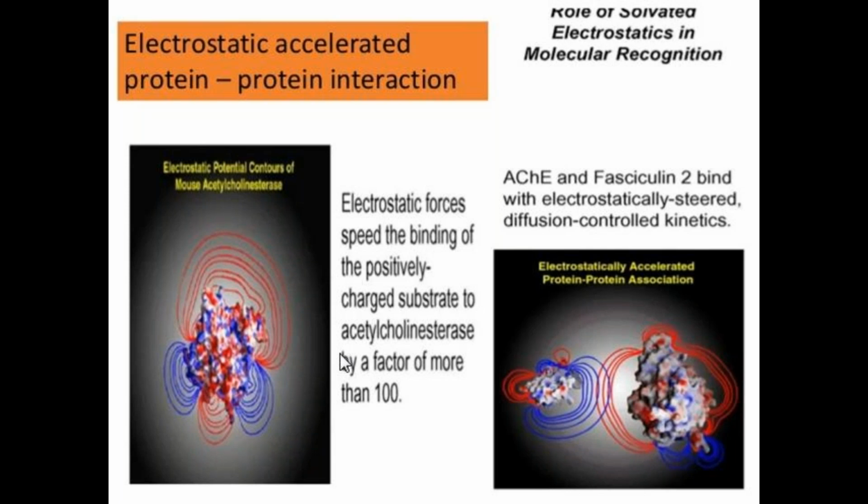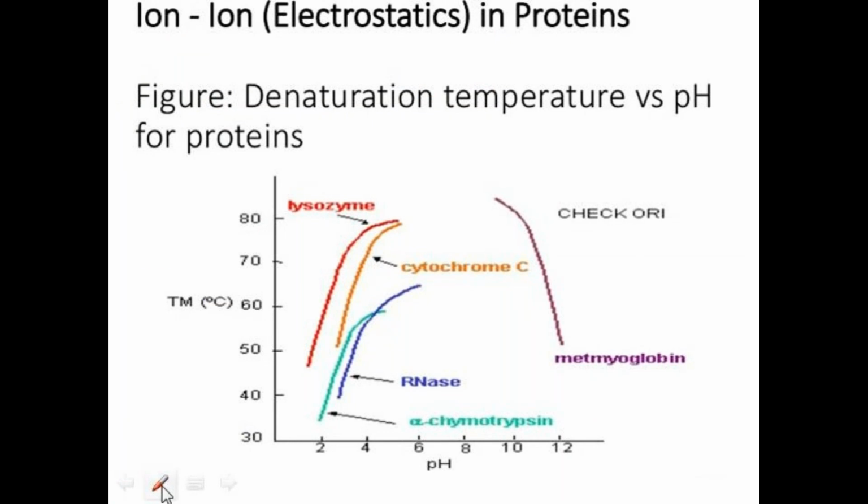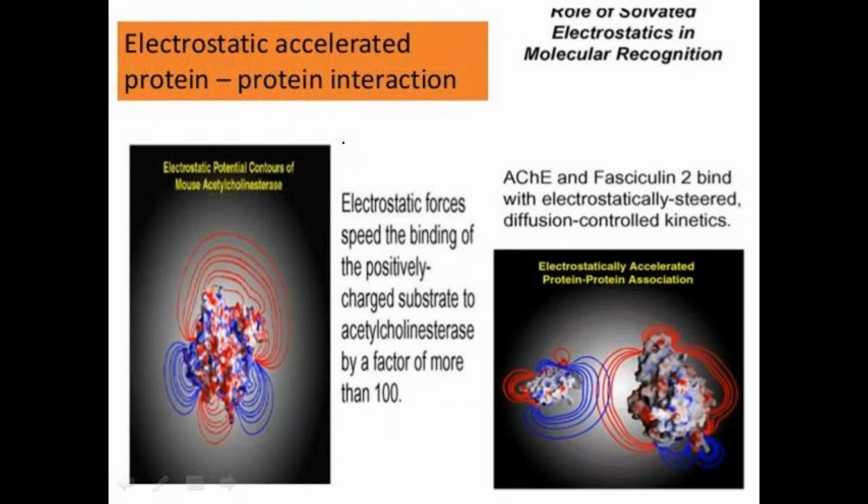See this one, ma. Electrostatic forces cause the binding of the positively charged substrate to acetylcholinesterase by a factor of more than 100. Understood, ma? Electrostatic interaction causes the main protein interaction.